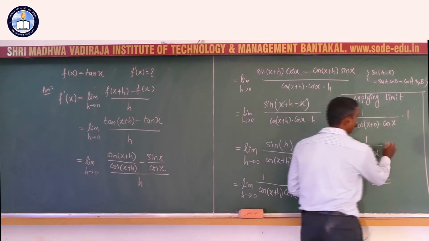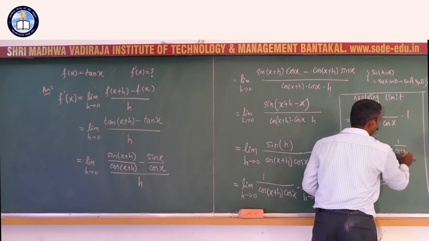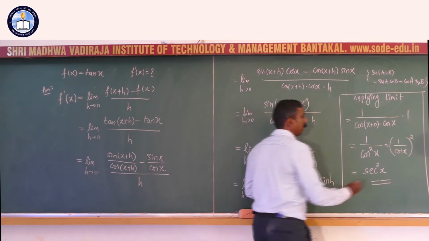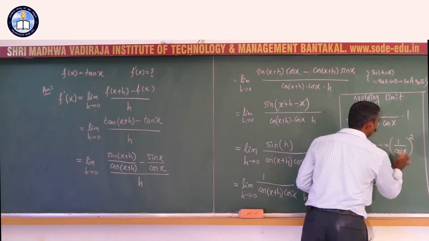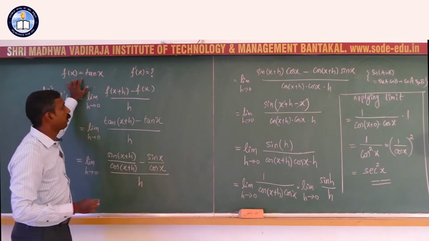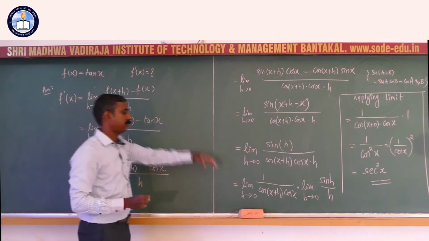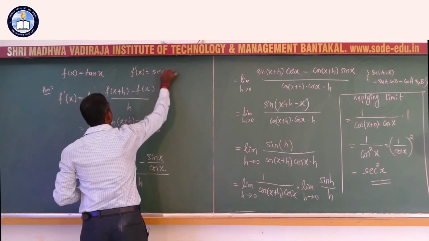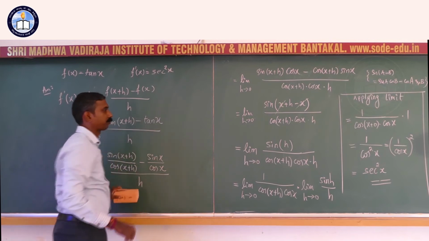So 1 by cos square x is nothing but 1 by cos x whole square. 1 by cos x is secant x. So this becomes secant square x. So what is the derivative of tan x now? Derivative of tan x is secant square x.